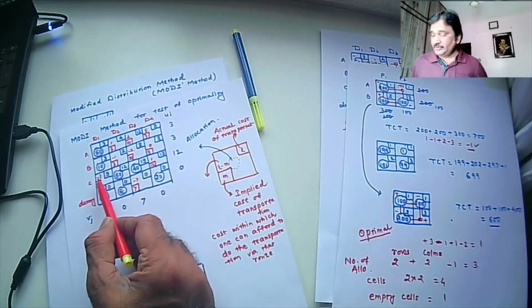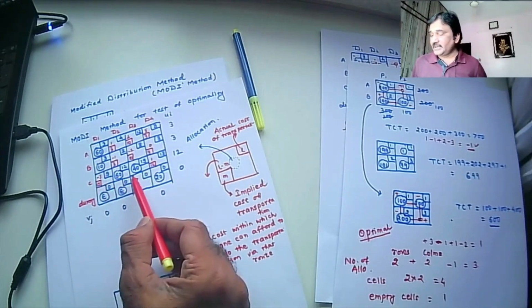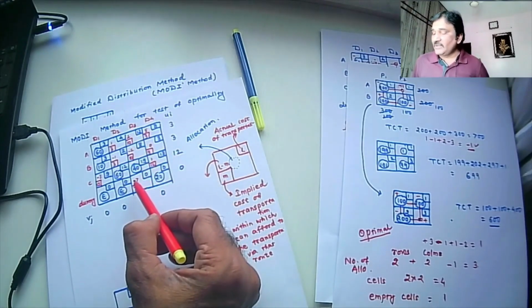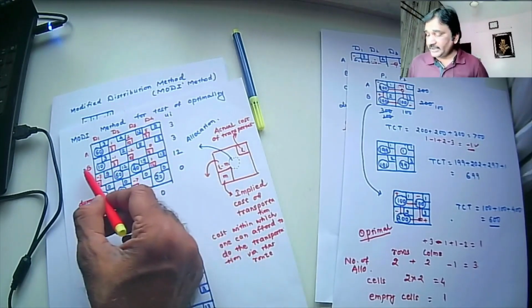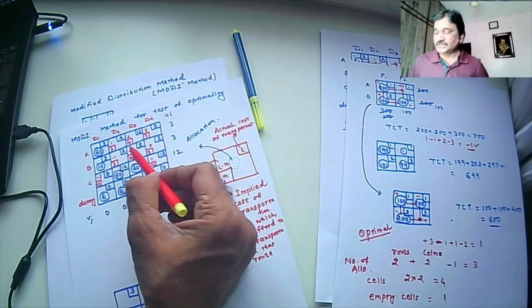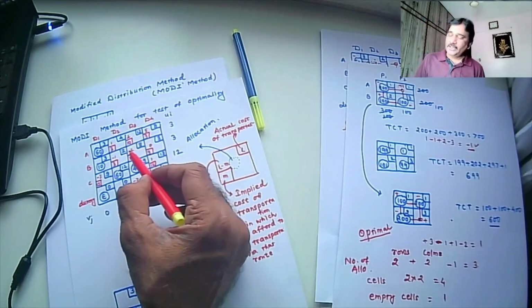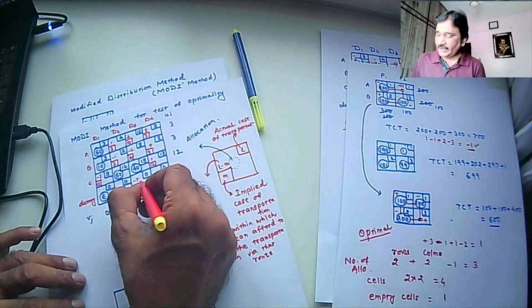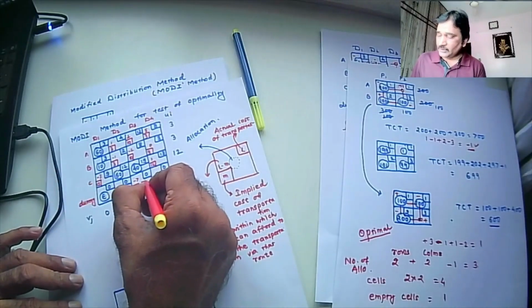C to D1, there will be a saving of 3 rupees, and here dummy to D3, there will be a saving of 7 rupees per unit transported, and B to D3, there will be a saving of minus 2 rupees per unit transported. So wherever you find that there is maximum saving, you should use that route.